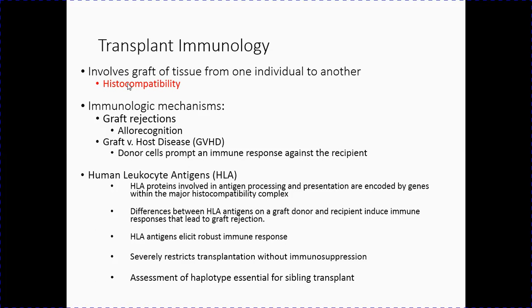The HLA system is the most polymorphic of all our antigen systems. And because of that polymorphism, when the HLA antigens do elicit an immune response, they elicit a nice robust one.